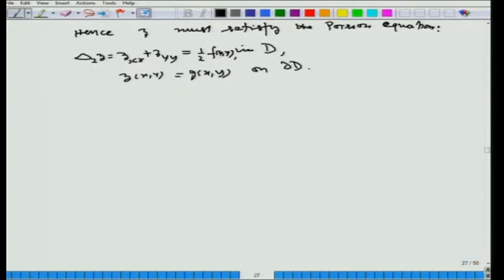Here the right hand side is non-zero, so it is a non-homogeneous problem.